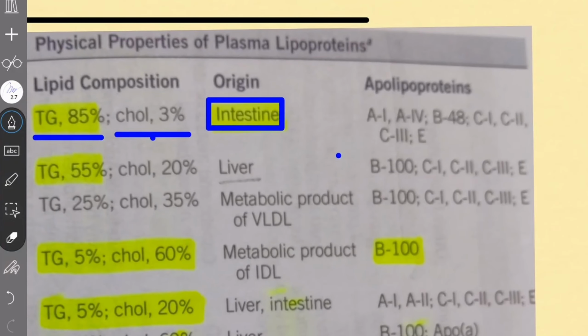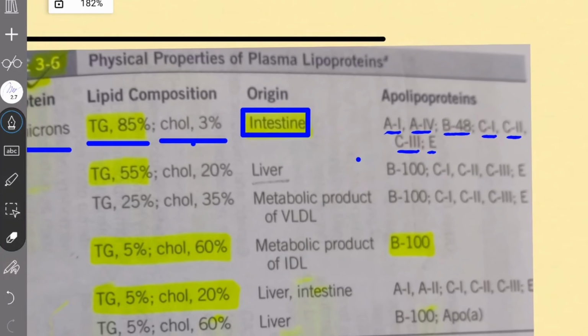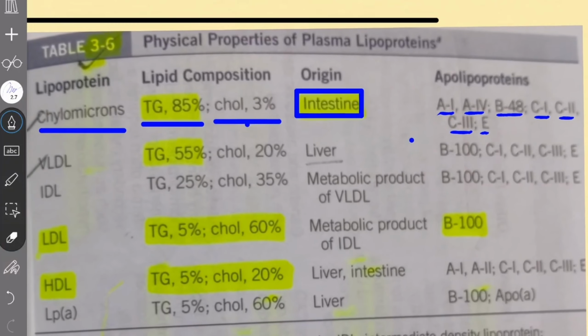There are A1, A4, B48, C1, C2, C3, and E. These are the subclasses seen along with the chylomicrons.